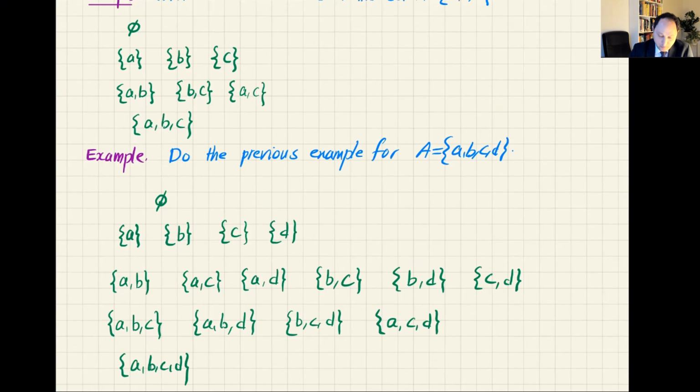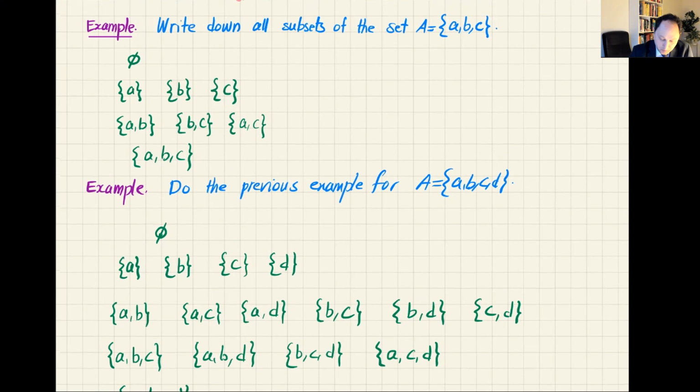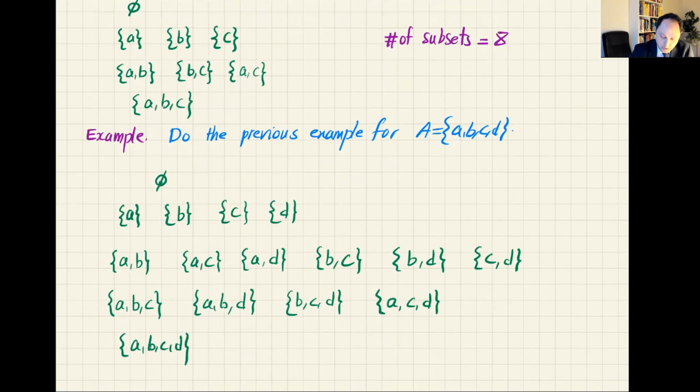Yes. So here, if you remember, the number of subsets was equal to 8. Let me count this one as well. 1, 2, 3, 4, 5, 6, 7, 8, 9, 10, 11, 12, 13, 14, 15, and 16.